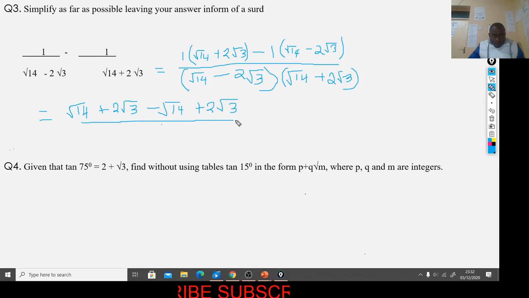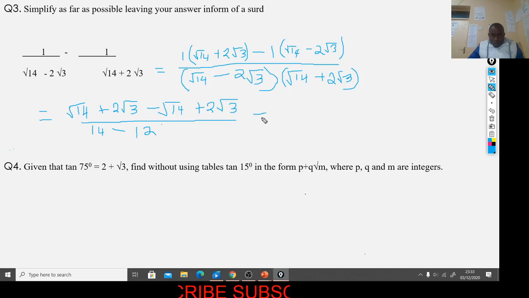all over, this is the difference of two squares, so it is this squared minus this squared. This squared gives you 14, minus this squared, which is 4 times 3, because 2 squared is 4. 4 times 3 is 12, so it's minus 12.